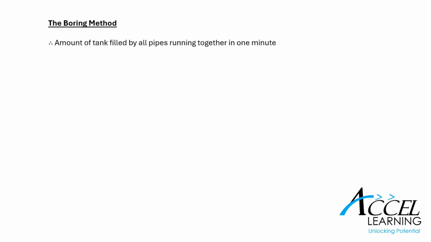Amount of tank filled by all pipes running together in 1 minute is calculated as shown below. To make it easier, let's factor out 1/36 squared times the sum of 1 squared plus 2 squared plus 3 squared plus 6 squared.